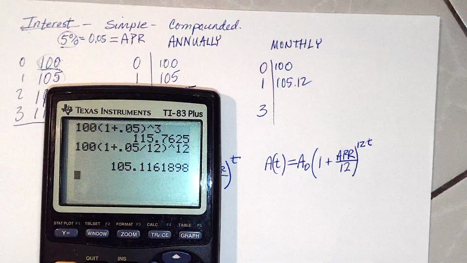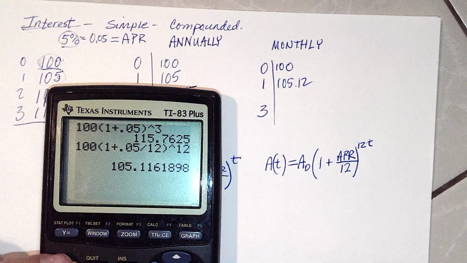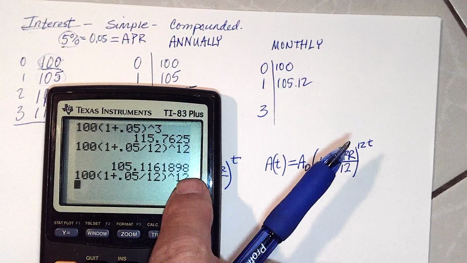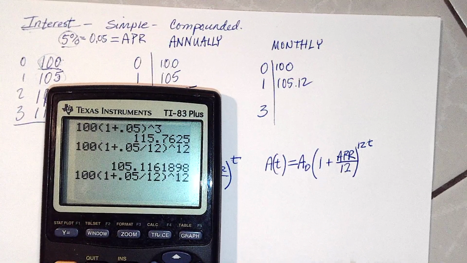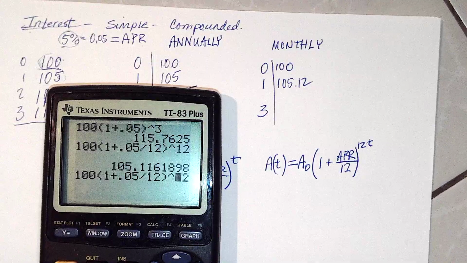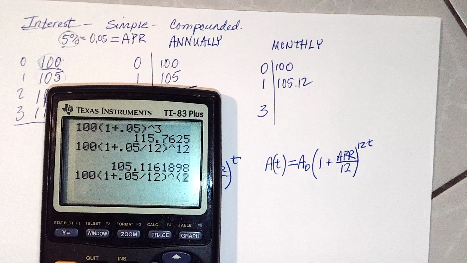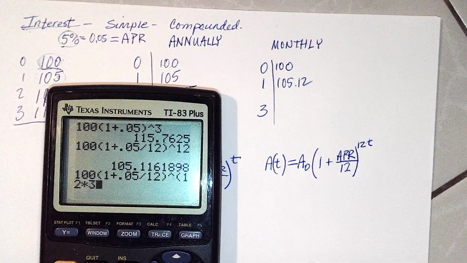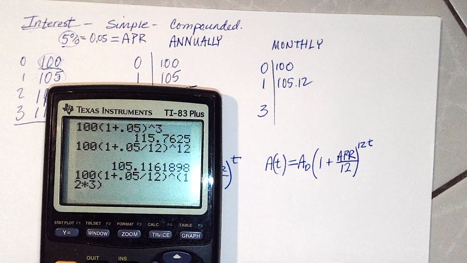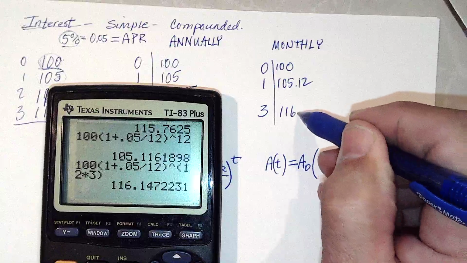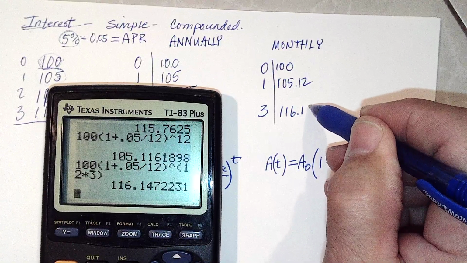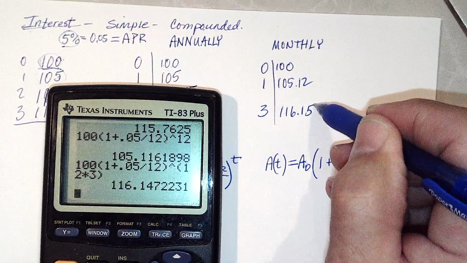Now, let's do it for the full 3 years. So I'll bring my last answer back and take it to, I need to put this in parentheses on the older calculator, 12 times 3, or make it 36 up there. And in 3 years, I'd have 116 and 15 cents.